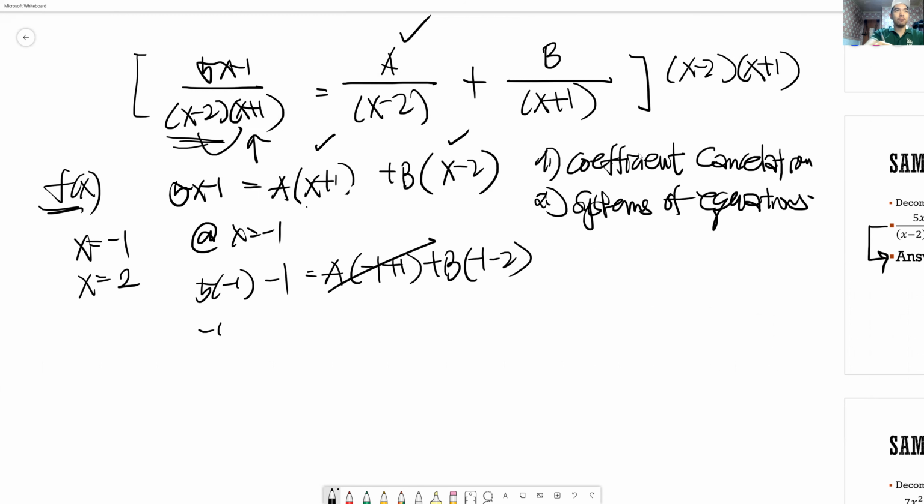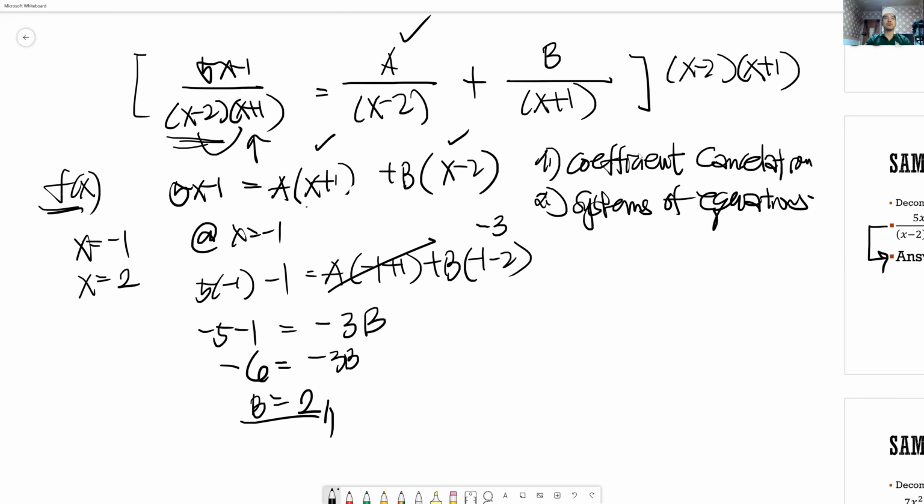So we have here -5 minus 1 is equal to B times, let's solve what's inside first, -1 minus 2, so this is -3. Negative and positive, so that becomes -3B. -5 and -1, this equals -6. This equals -3B. So we already have our value of B equal to 2. So that's the coefficient for B.